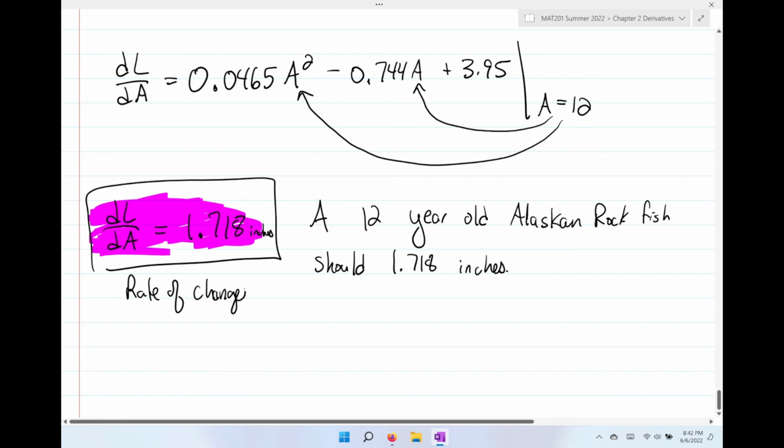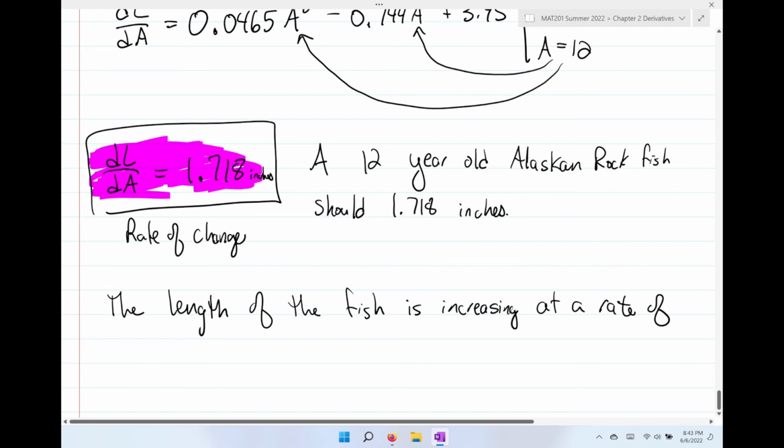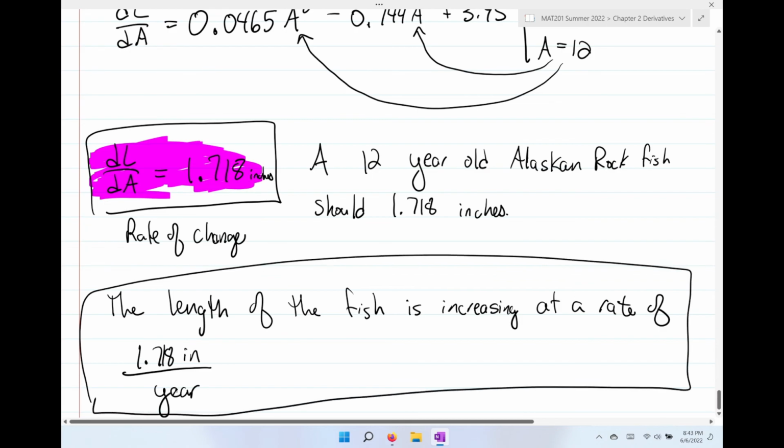So not only does this tell me how large the fish should be at 12 years, it also tells me the length of the fish is increasing because our derivative is positive. So it is increasing at a rate of 1.718 inches per year. And that is huge because it tells me how fast this fish is actually growing.